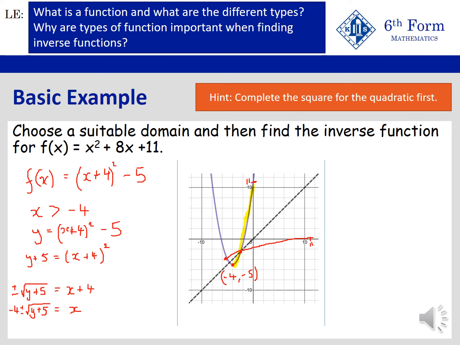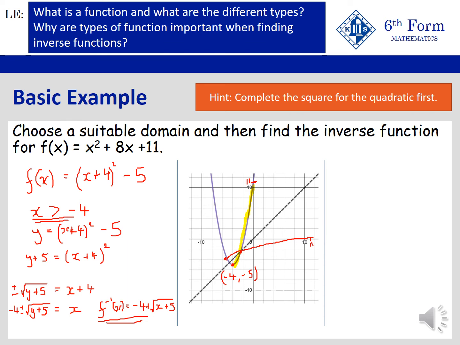So we also want to swap the y's and x's over. So for our inverse function, f to the minus 1 of x, we're going to go for -4, and we want the positive square root. And we've swapped the y's and x's, so we're going to go for x plus 5. So that would be our inverse function with our restricted domain of x being greater than -4.